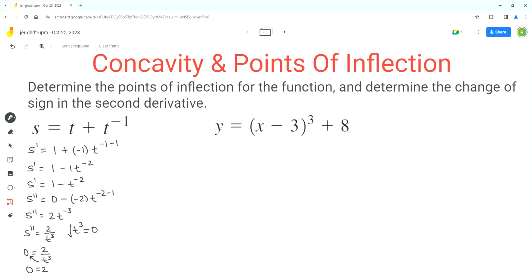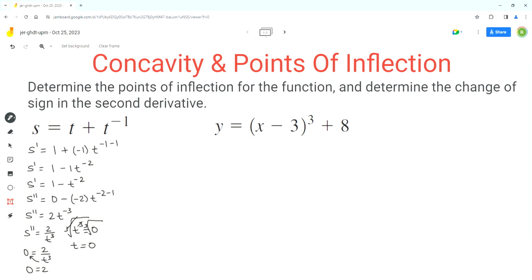So we can apply the cube root to both sides. So the cube root and the cube cancel out, and we get t equals 0. So this is the t value at which the second derivative of s becomes undefined.